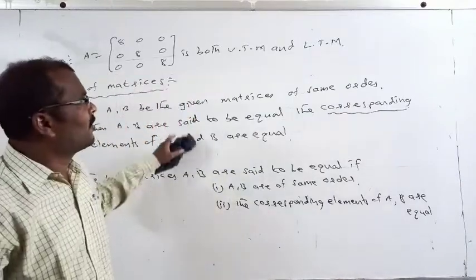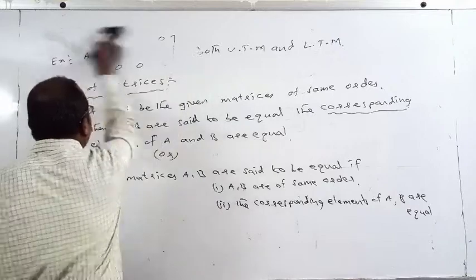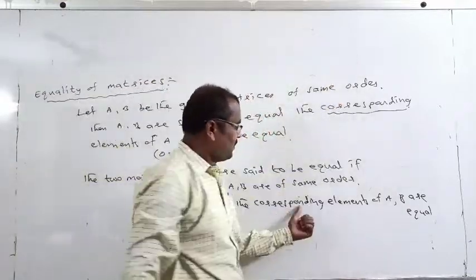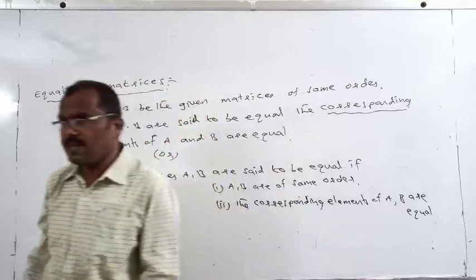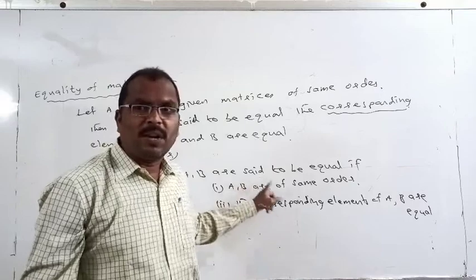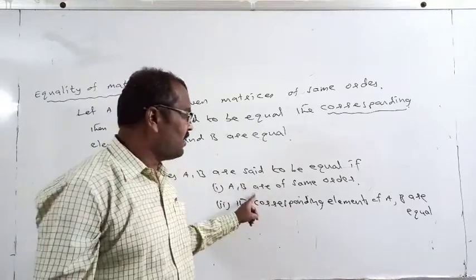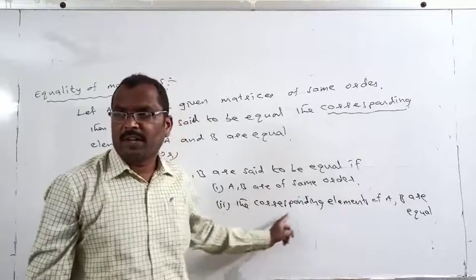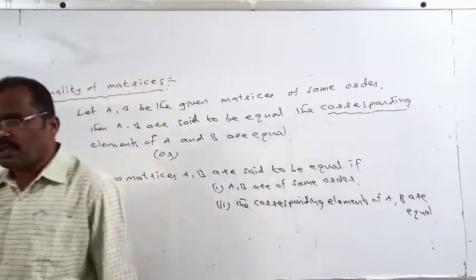So first write down the definition. Better to write the second one as the first one, the easy definition. When you are equating two matrices, we have to see two conditions. Number 1 is the same order. Number 2 is corresponding elements are the same. So I will give the example.